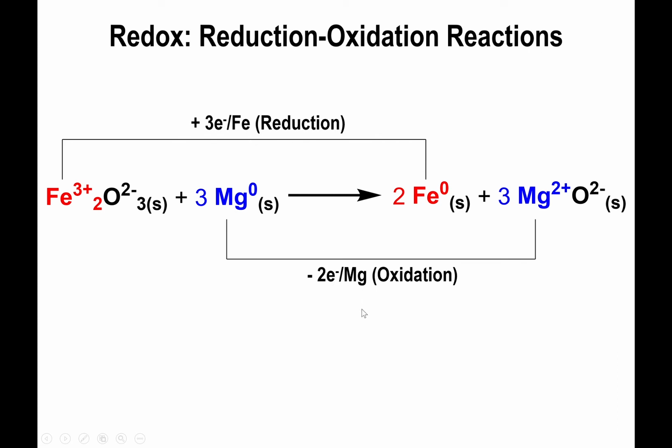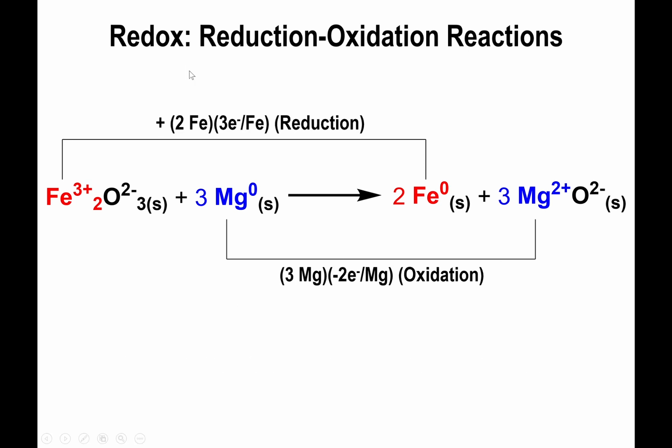Now that doesn't take into account the fact that we have different proportions of these elements. Specifically, we have 2 irons total in the reaction and we have 3 magnesiums total in the reaction. So what you want to do is multiply the ratios by the amount of the element present, 2 irons or 3 magnesiums.